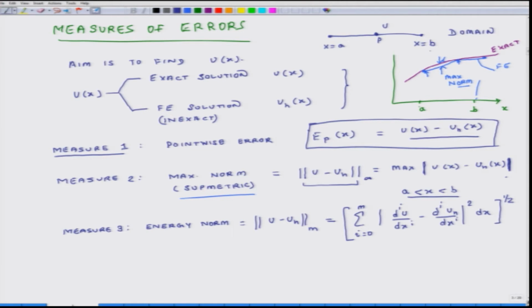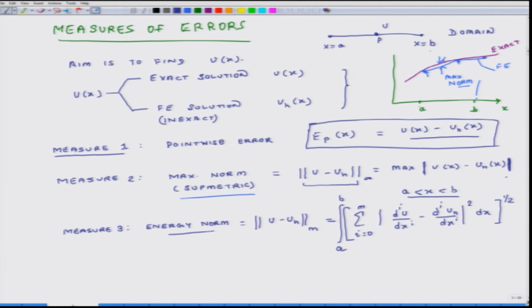So, this is the expression. It is a little complicated, but we will explain this. So, first thing is that it is a summation of, and this is integrated over x is equal to a to x is equal to b. So, this energy norm is an integral, because it is integrated over the domain a to b, it is still a single number.